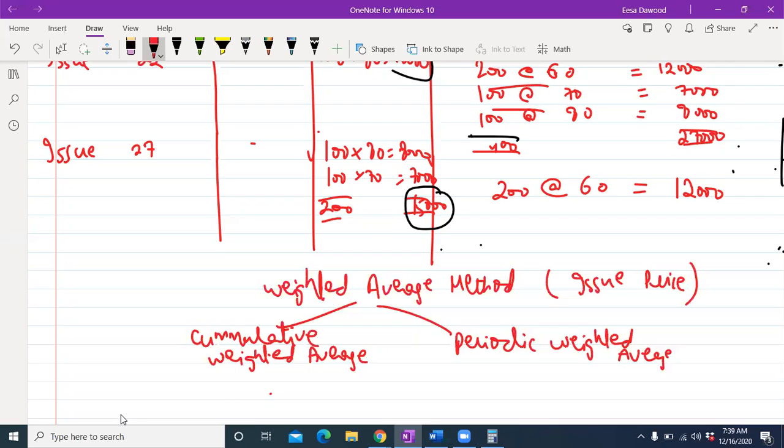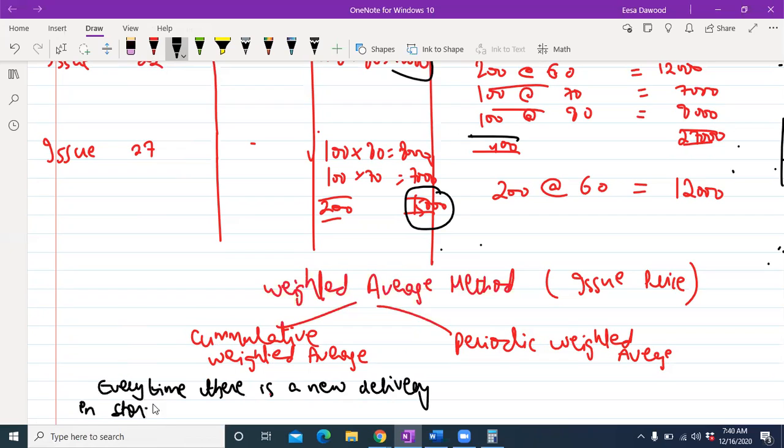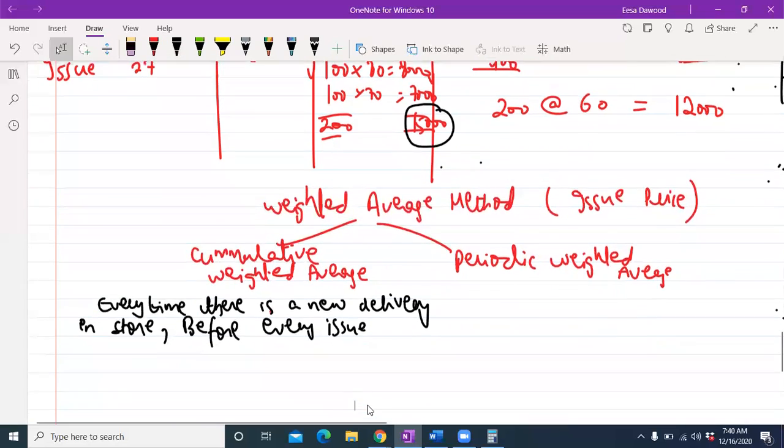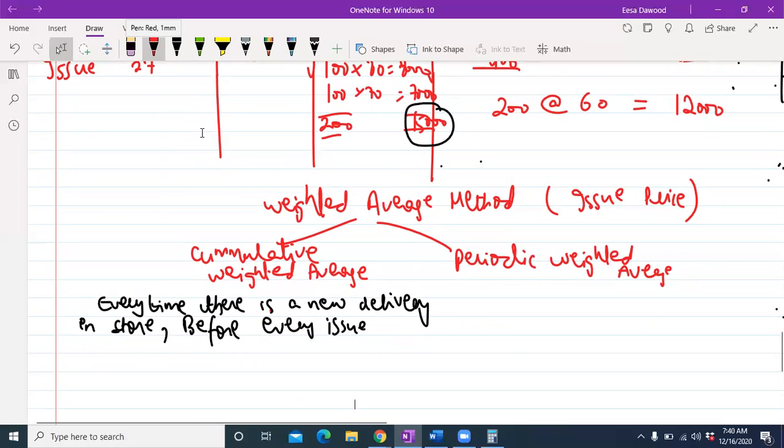So cumulative weighted average. In cumulative weighted average, every time there is a new delivery in store, and before every issue, we are going to calculate a running total of cost and running total of units, and then we will calculate a weighted average price.